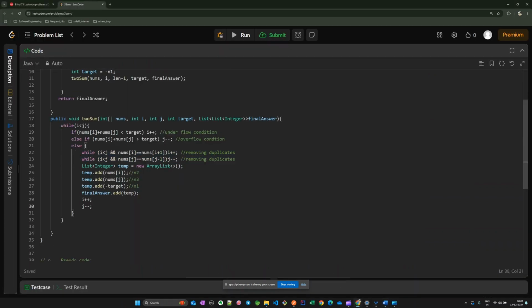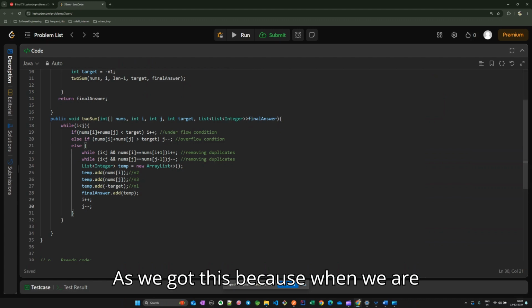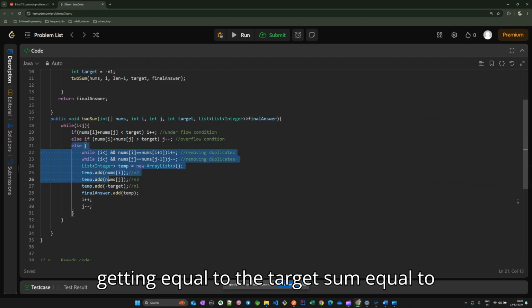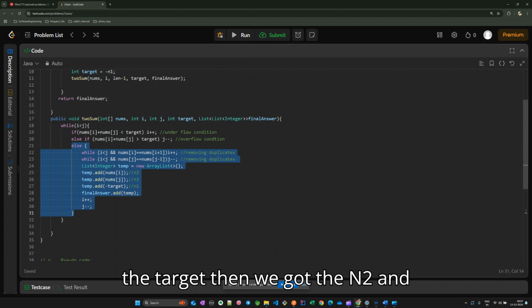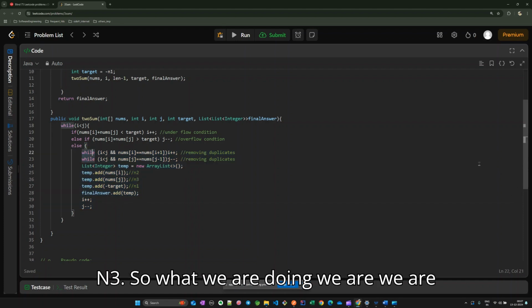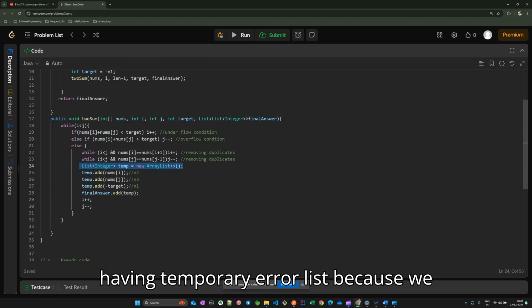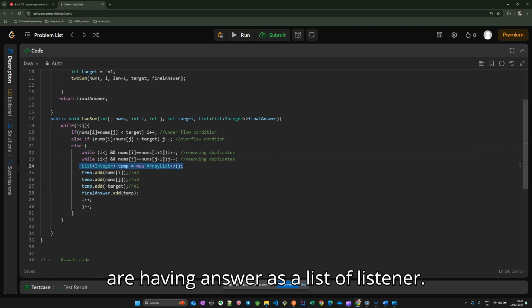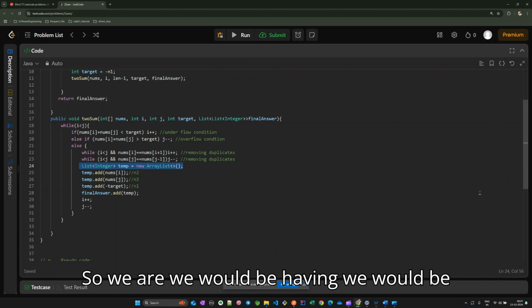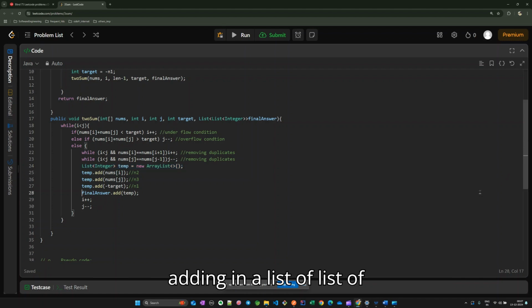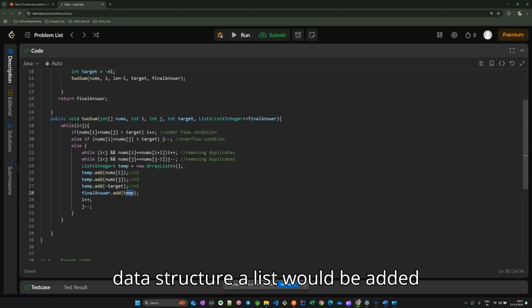Okay. Now, when we get the sum equal to the target, then we got n1, n2, and n3. So what we are doing, we are having a temporary array list, because we have the answer as a list of lists. So a list would be added to the list data structure, right?